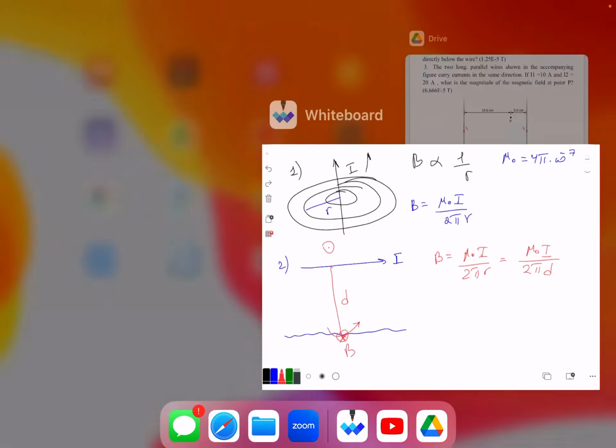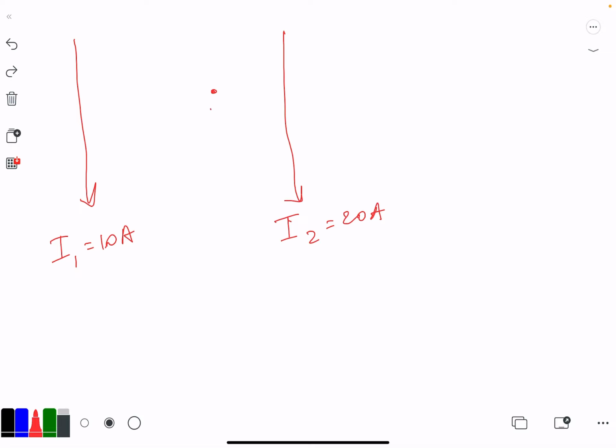Okay, so we have this wire, which is current 1, equal to 10 ampere. Then we have here the second wire with the same direction, 20 amperes. So let's say we want to find the magnetic field at point P. Okay, so this distance is given. Let's say this will be d1, and let's say this will be d2.